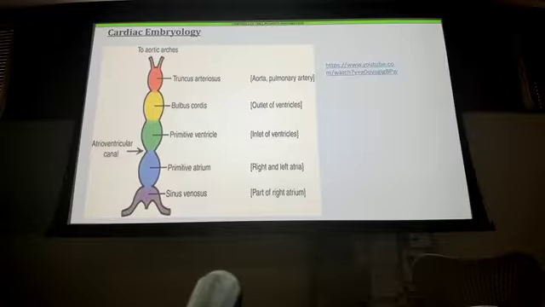So at about 28 weeks, this is what the heart looks like. Okay? You can see the labels of what they're called, and then on the far right, it shows you what they will become. And that YouTube link there shows you how this folding occurs. Because does this tube look like the arrangement of the heart that you think about? The answer is no, right?